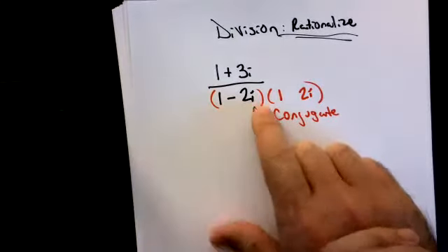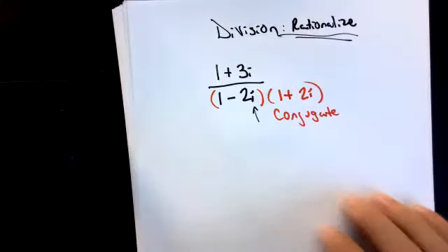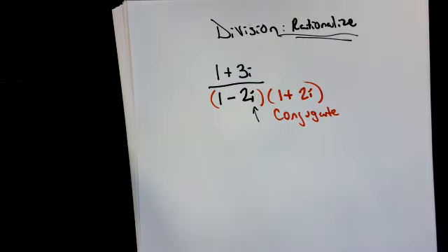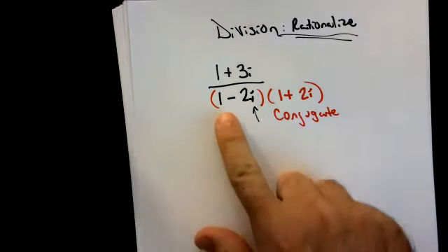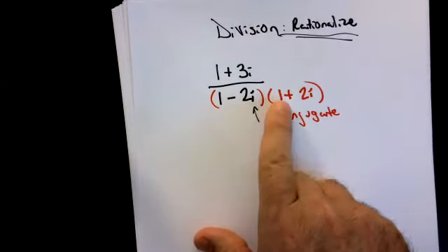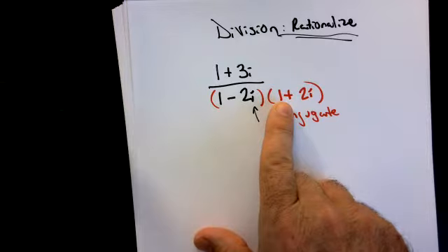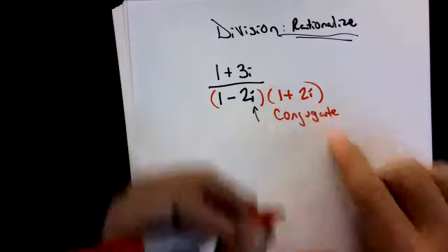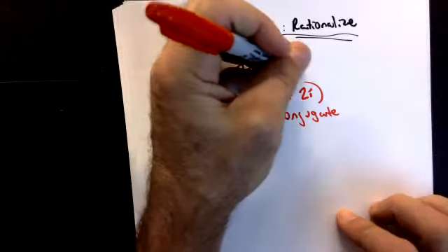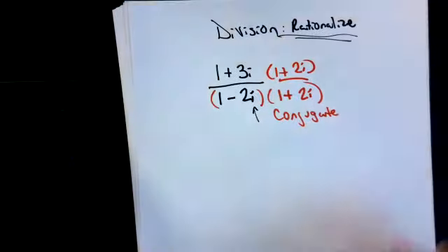So instead of 1 minus 2i, we're going to multiply by 1 plus 2i. And I'll show you why here in just a second. But if you have an imaginary number on the bottom, we're going to multiply this thing called the conjugate. And whatever you multiply to the bottom, you also have to multiply to the top.